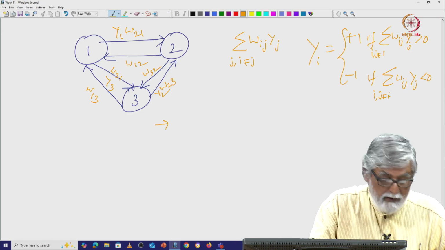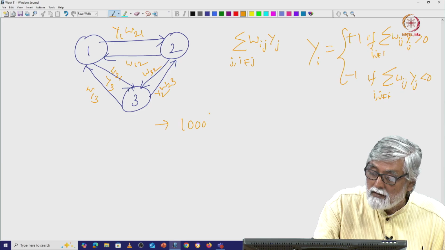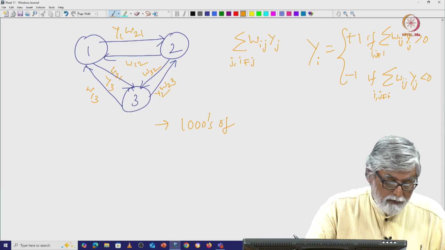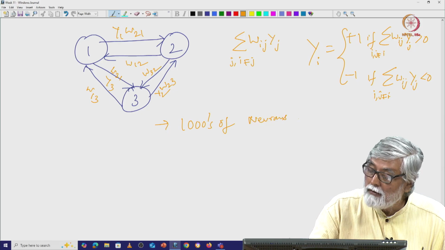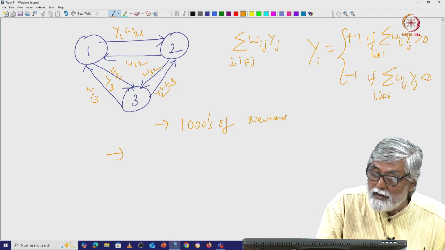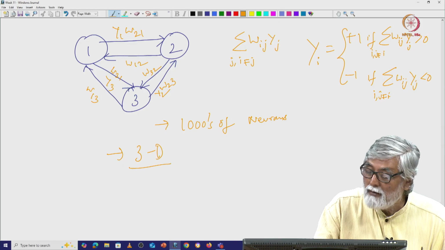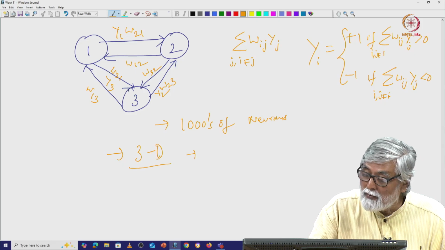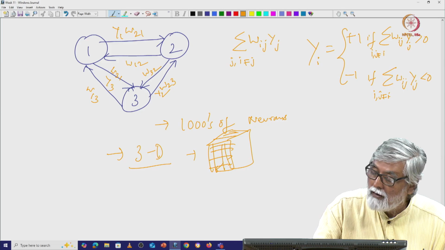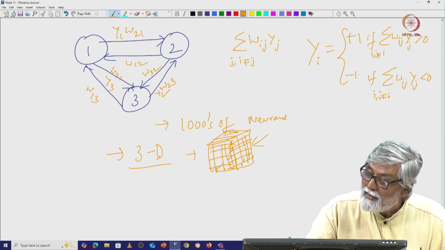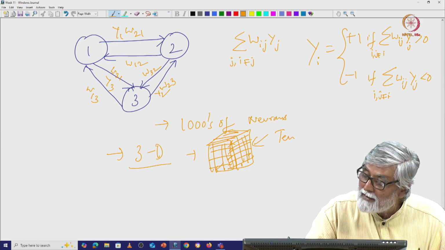This can be extended to thousands of neurons. In fact, it will be even more interesting if this 2D can be extended to 3D. Now, you realize why this is a tensor.